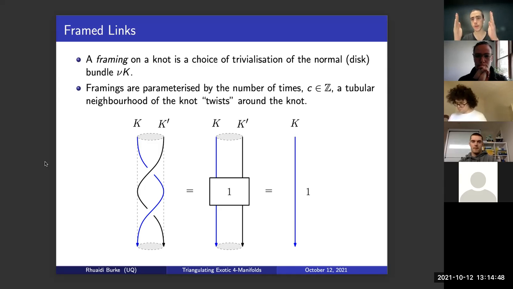And then a framing we can parameterize by the number of times this push-off, or this vector field, twists around the knot. Here's a picture of what we're doing.